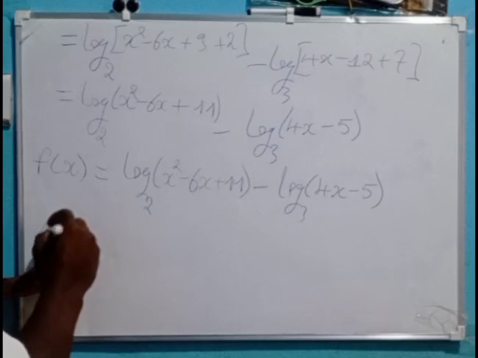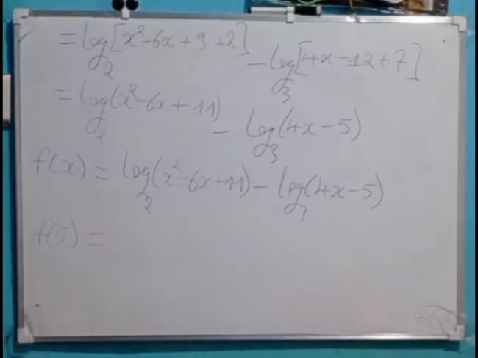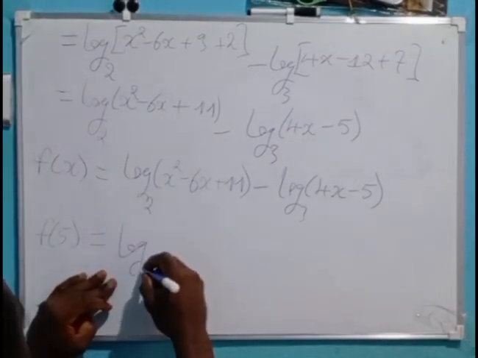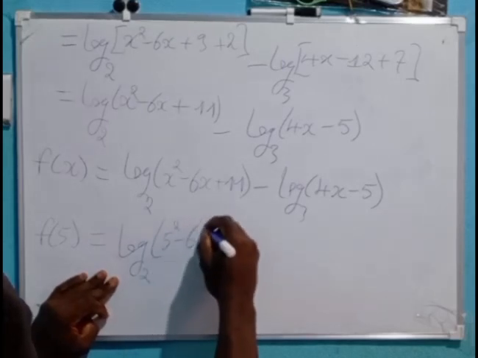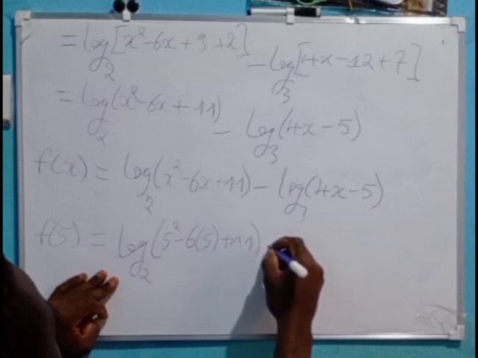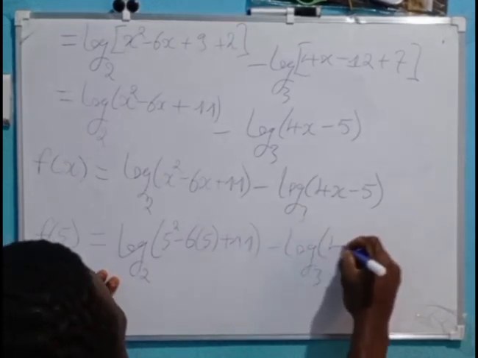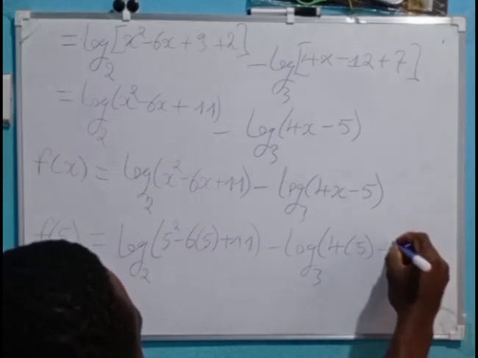We need f of 5. f of 5 will simply be equal to, that means anywhere we see x, we have to replace x with 5. This will give us log to the base 2 of 5 squared minus 6 times 5 plus 11, minus log to the base 3 of 4 times 5 minus 5.